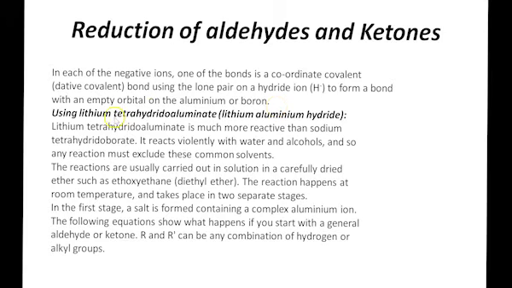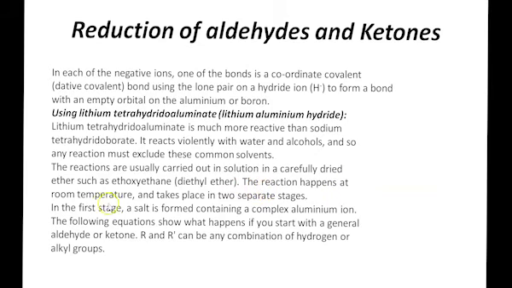Lithium tetrahydroaluminate is much more reactive than sodium tetrahydroborate. It reacts vigorously with water and alcohol, and so any reaction must exclude these common solvents. The reactions are usually carried out in a solution in a carefully dried ether such as ethoxyethane, diethyl ether.